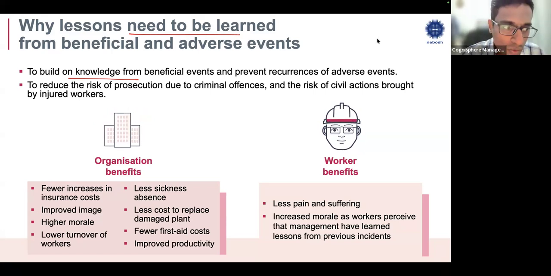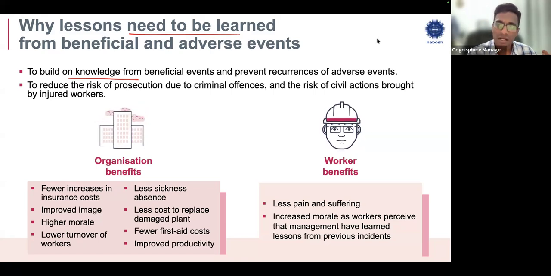So now you go and do a thorough investigation: what activities are happening during that time of the day, and why are more incidents occurring in the morning from 8 to 10? It helps you do a comprehensive investigation of that particular time's activities, arrive at the results, and then prevent recurrences of adverse events.